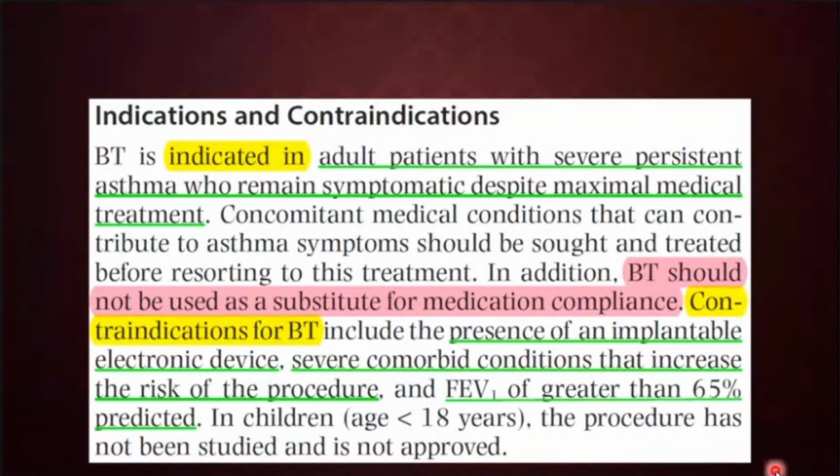I've covered all the important topics that you need at your level. If there's anything extra that you need to know, then my suggestion is to read well, do an MD in medicine, and then do a DM in pulmonary medicine. Then you'll know more about asthma and COPD.